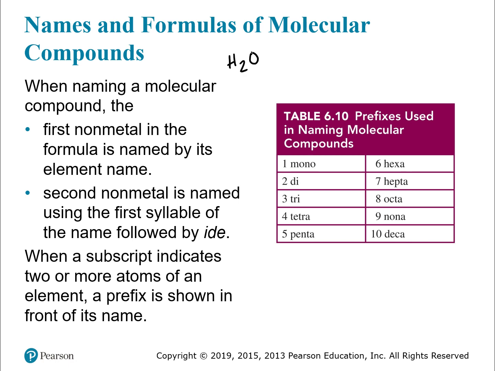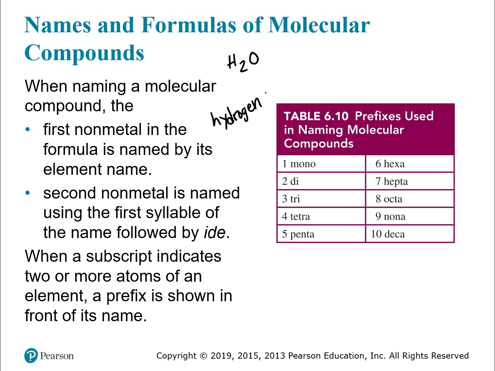So let's use our water example to name a molecular compound. The first nonmetal in the formula is just named by the element name. So in ours, that's hydrogen. But we've got more than one hydrogen.